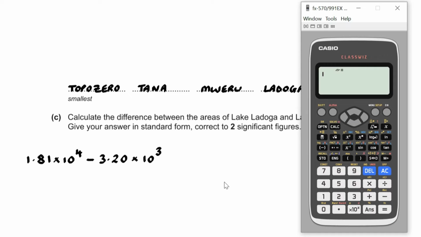And if we work this out, we get a value of 14,900. And what we need to do is write this in standard form, correct to 2 significant figures.